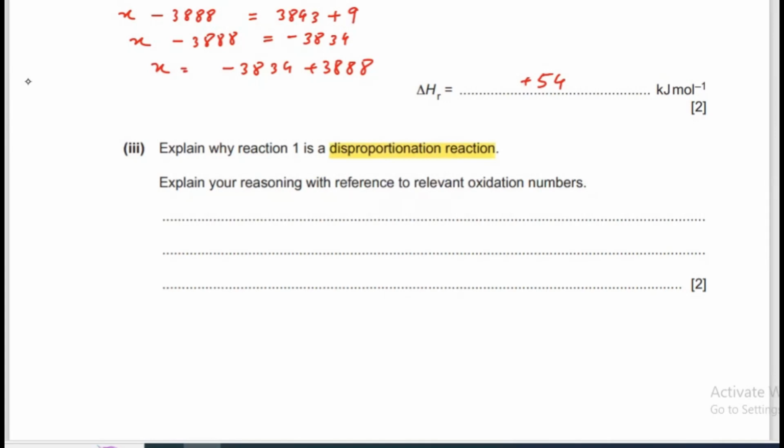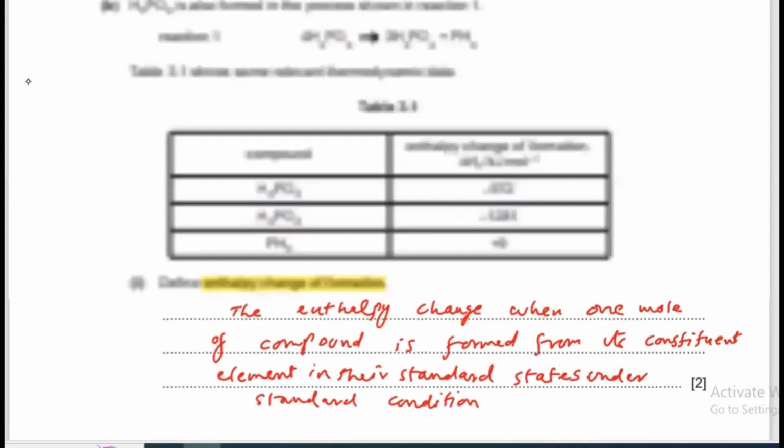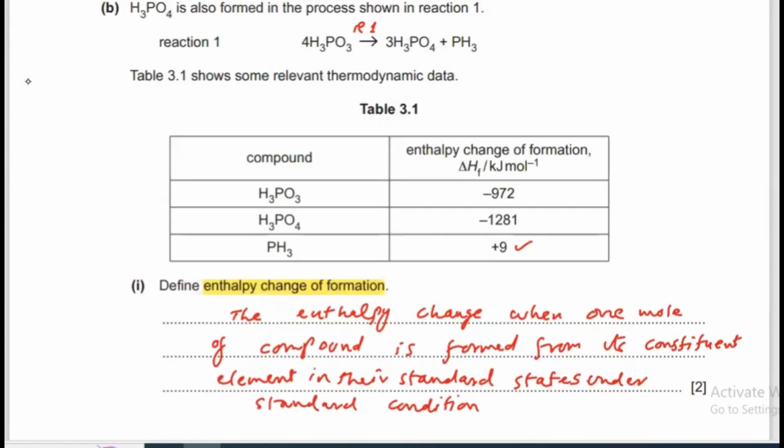So if we look at the oxidation states of the reactants and the products in the above equation: in H3PO3, hydrogen is +1, phosphorus is +3, and oxygen is -2. Here the hydrogen is +1, the phosphorus is +5, and oxygen is -2. Hydrogen is always +1, so this is +1, and this is -3.